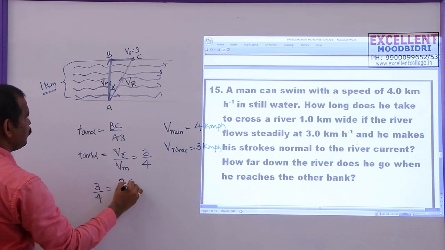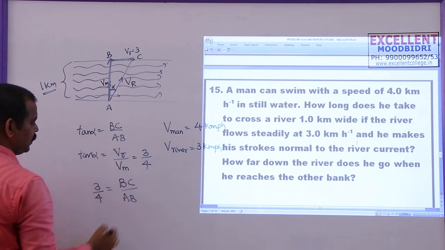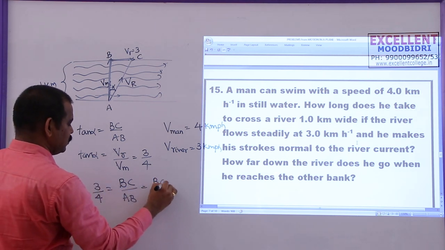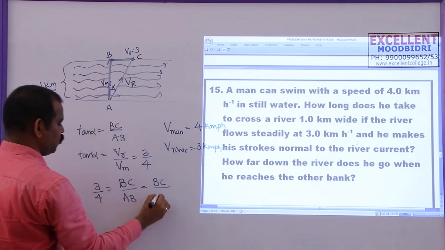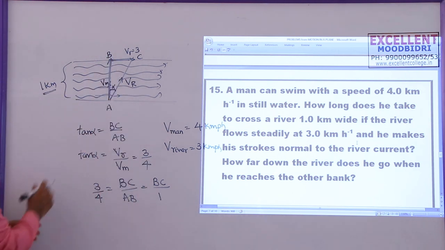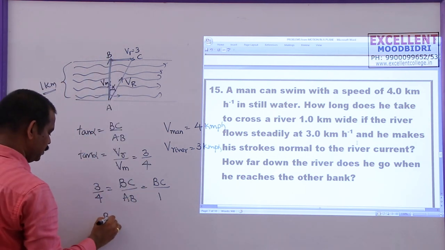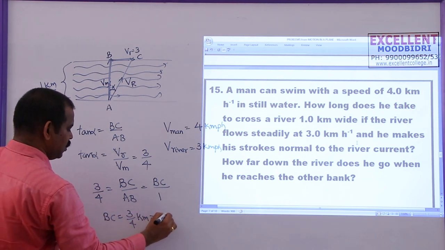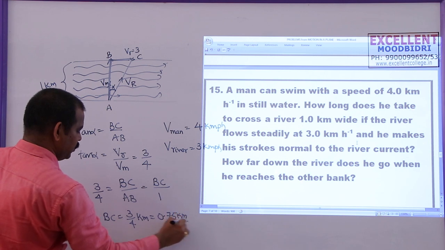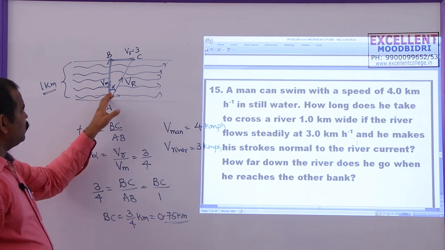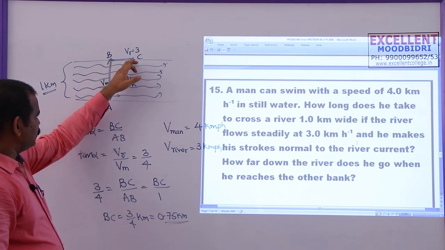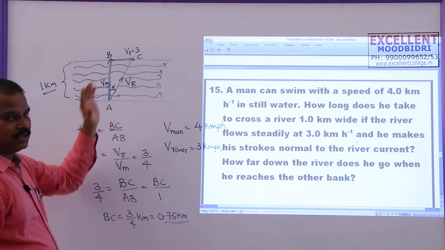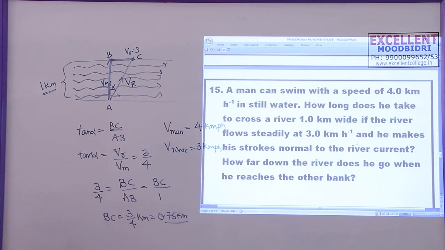Now in terms of distances, this is BC by AB. Now what is the BC value that you are going to find? AB value is 1 kilometer, that is the width of the river. So BC will be 3 by 4 kilometer or 0.75 kilometer. That means he will reach point C at a distance of 0.75 kilometers from point B.